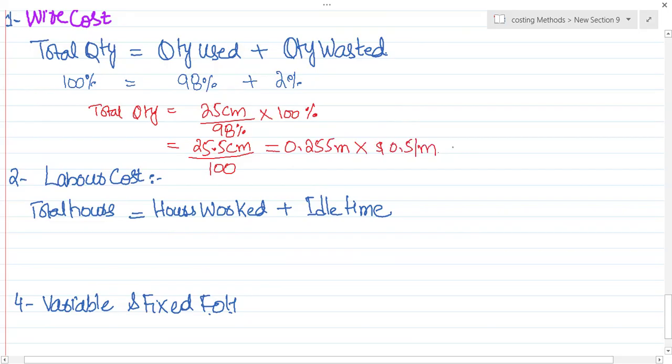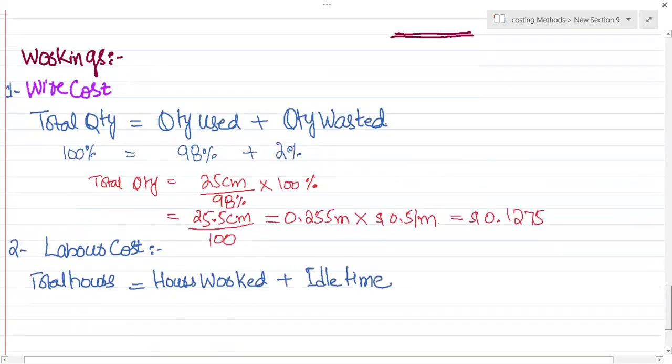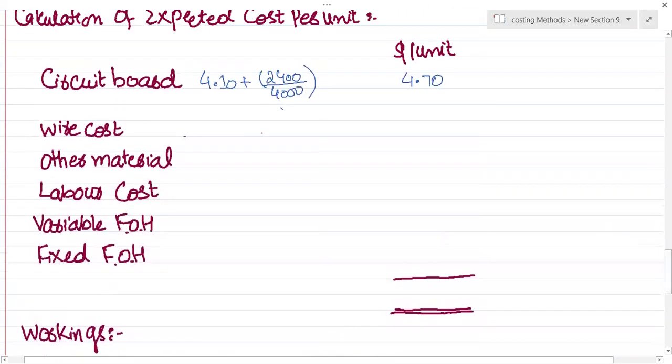So you will get 0.1275. Now I will put the wire cost working, 1.1275.